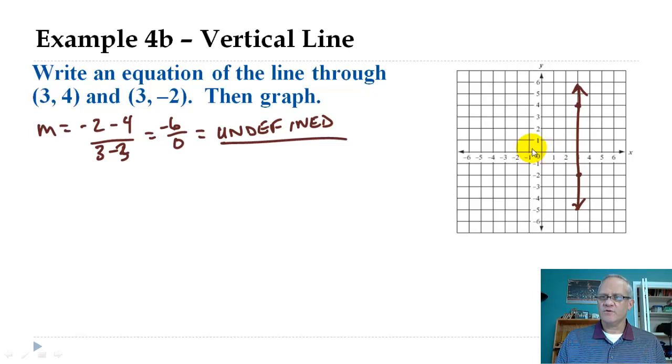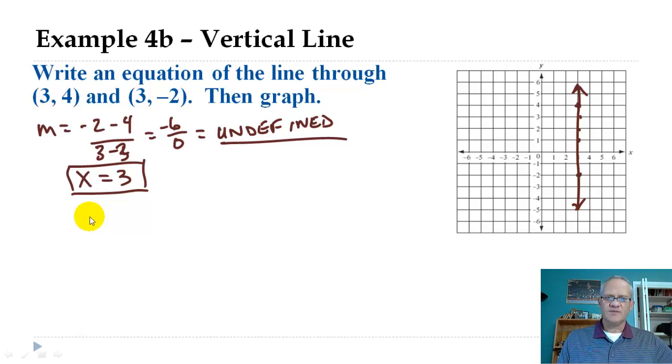What if y was 1? X would be 3. What if y was 2? X would be 3. What if y was 3? X would be 3. So in other words, x is always 3. So our equation there would just be x equals 3, because in this case it doesn't matter what y is, x will always equal 3.